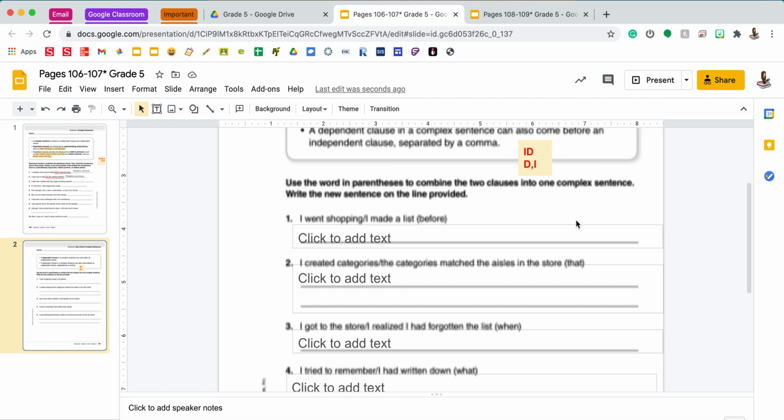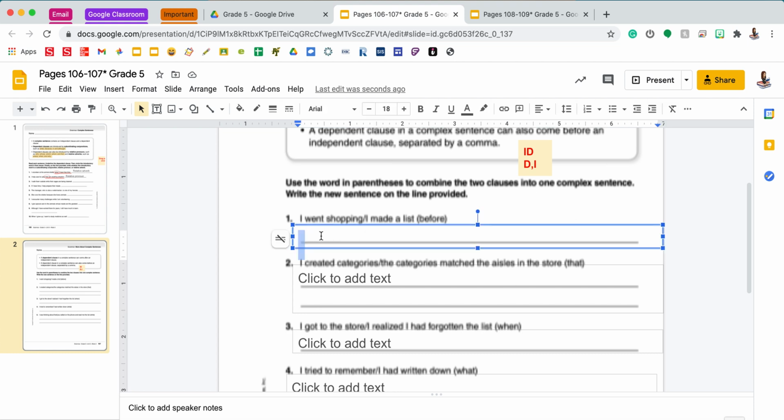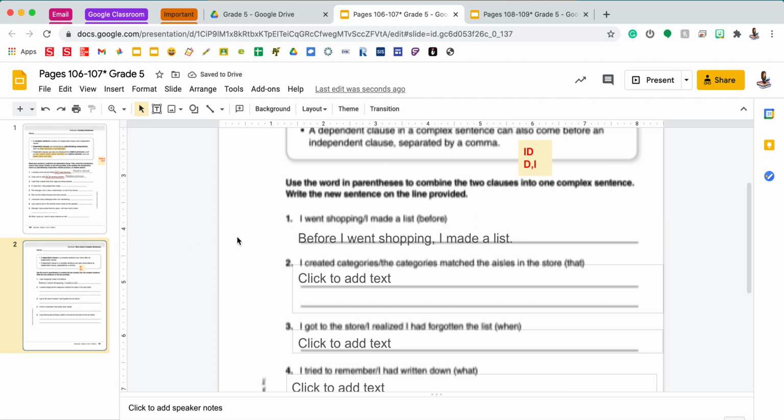The first one makes more sense. So because I am putting before at the beginning of my sentence, that is now a dependent clause. So I need to add a comma and then finish with my independent clause.